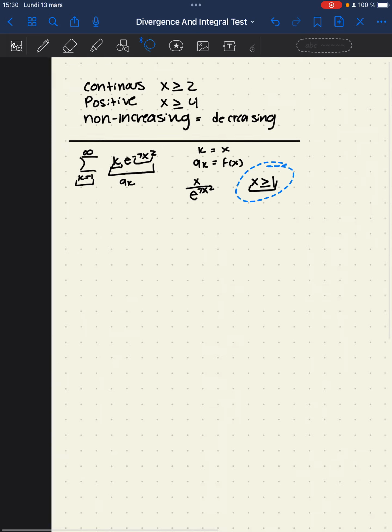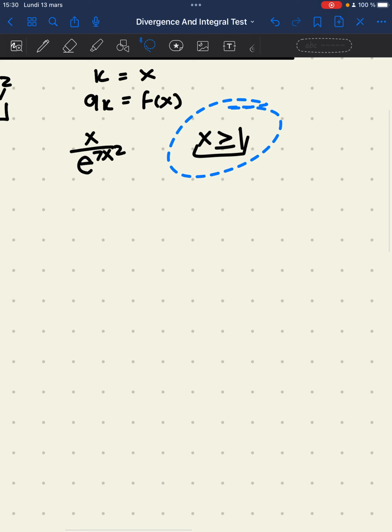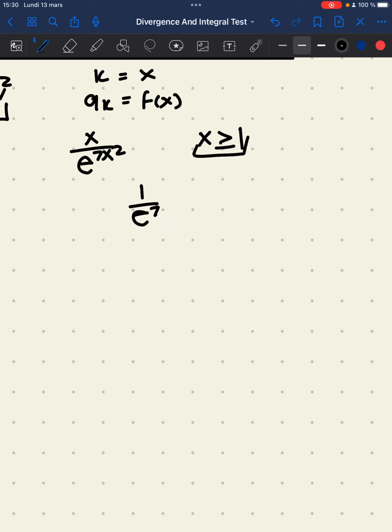That's our interval. So first of all, is it continuous? Let's just plug in the first number. 1 over e to the 7 times 1 squared. Is that equal to a number? Yes, it is. We don't have to simplify this, but it is just equal to 1 over e to the 7.